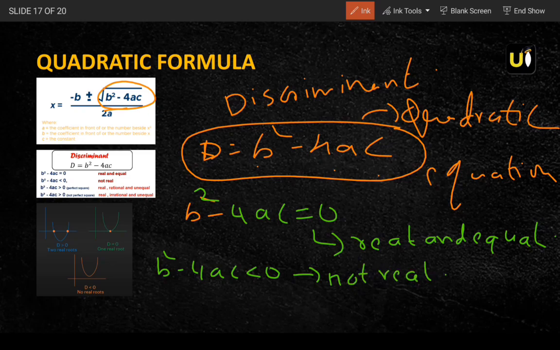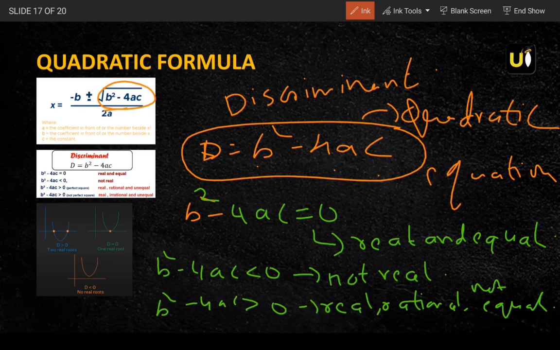If that is greater than 0, the roots are real, rational, and not equal, if this is greater than 0 and a perfect square. If it is not a perfect square, then the roots are irrational.